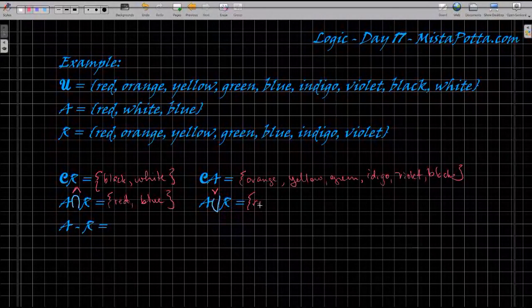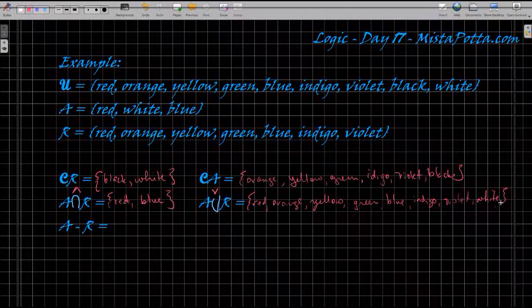So red will work, orange will work, yellow would work, green would work, blue would work, indigo, violet, and white.